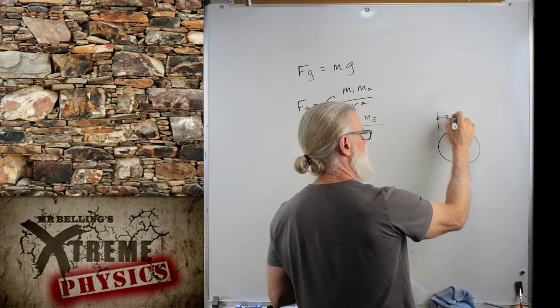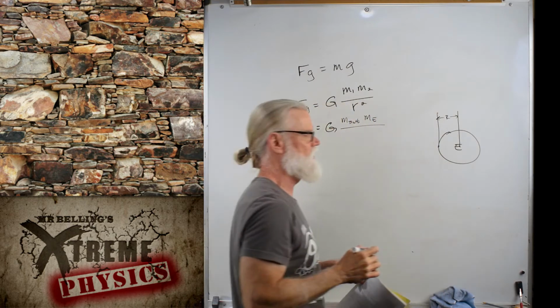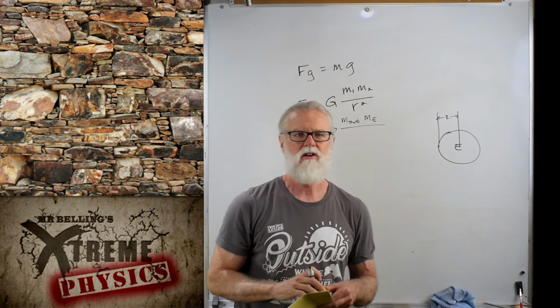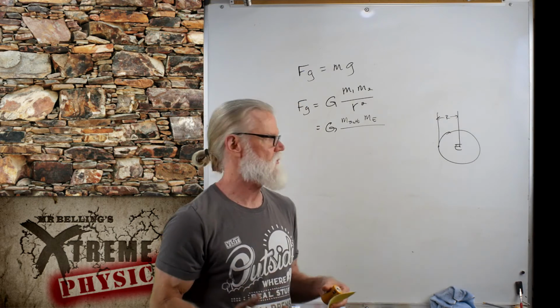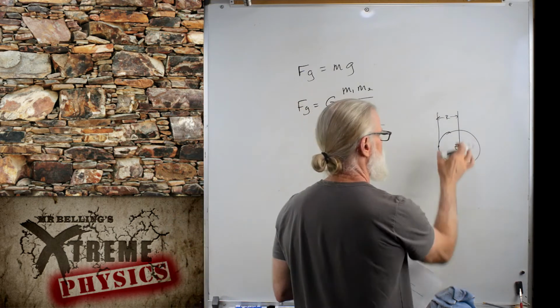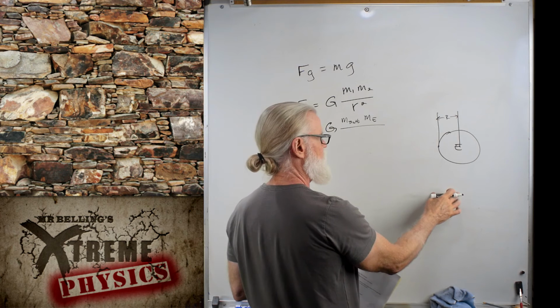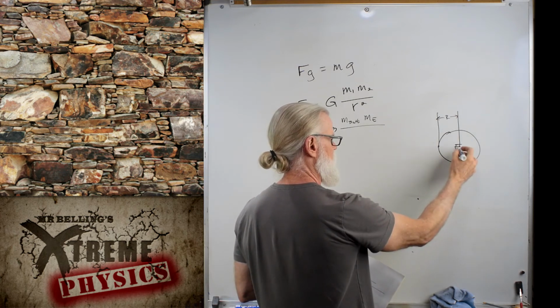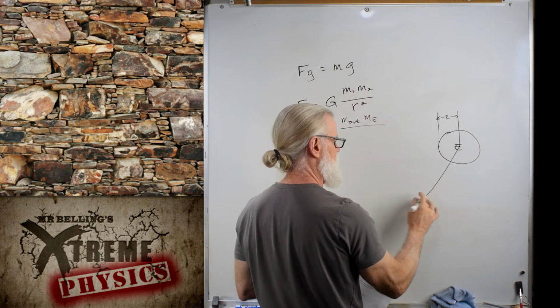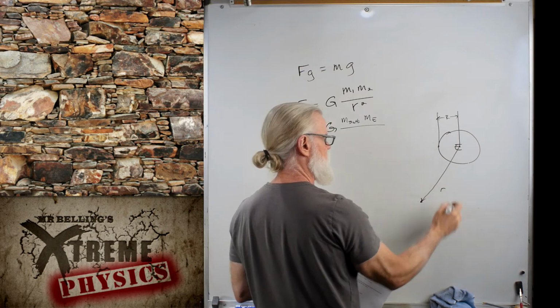And I'm going to call that capital R. We usually use capital R to mean the radius of a planet or an asteroid or a star. If the distance is between two things, like if I had something out here, we would use lowercase r.